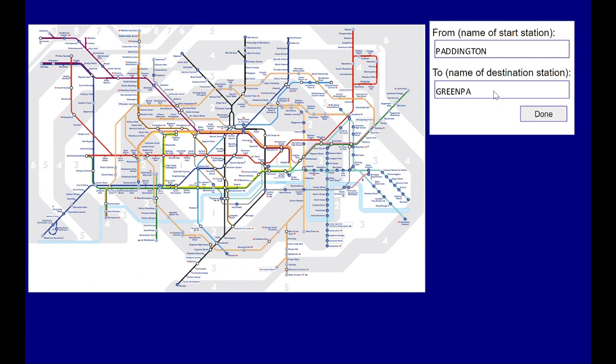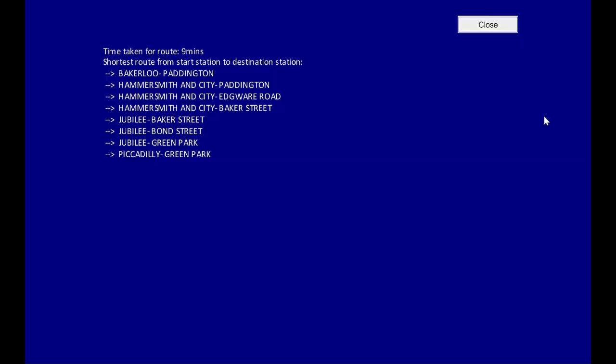Oh, I believe I spelled Green Park wrong. That obviously validates that this is working as well. So yes, this shows us this has multiple tube lines within the route, and it only takes 9 minutes, so it does show us the shortest route, and we are happy with what it has produced.